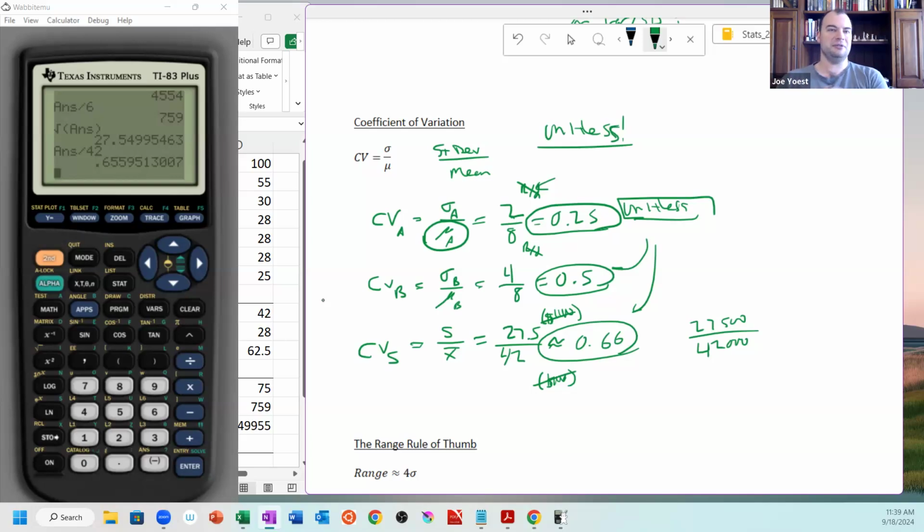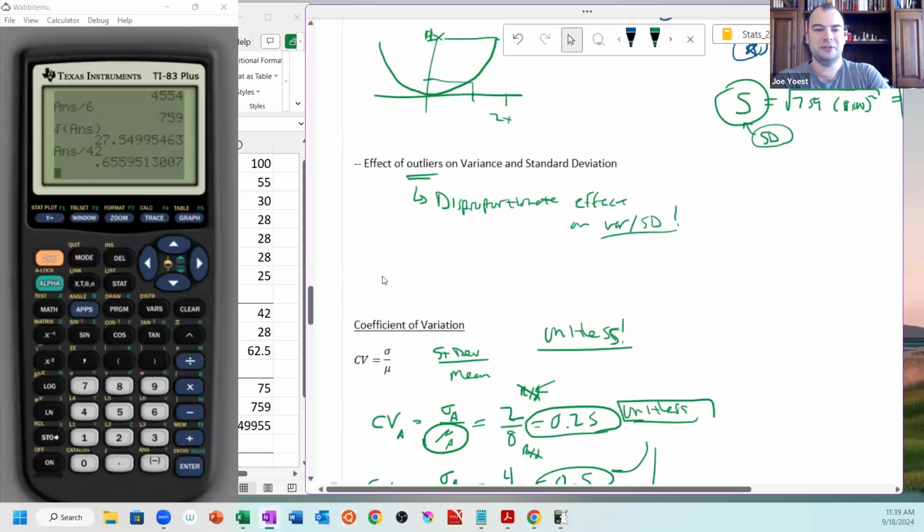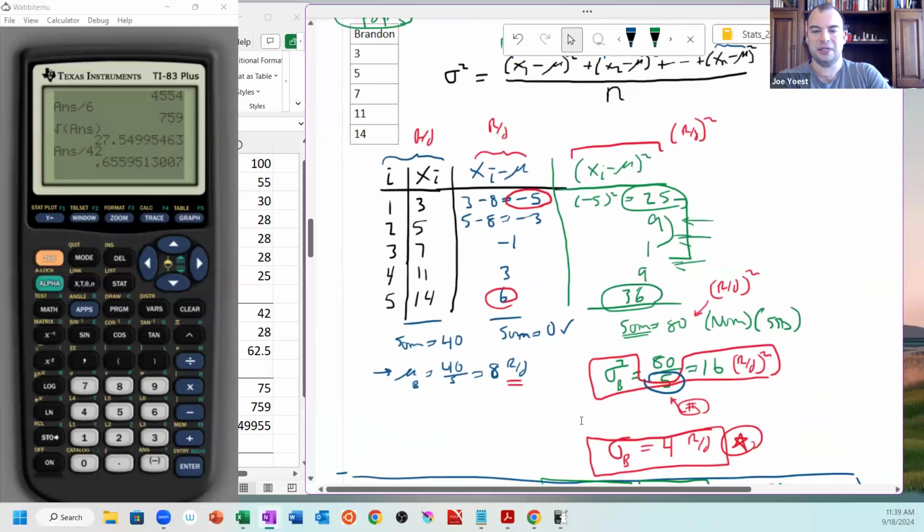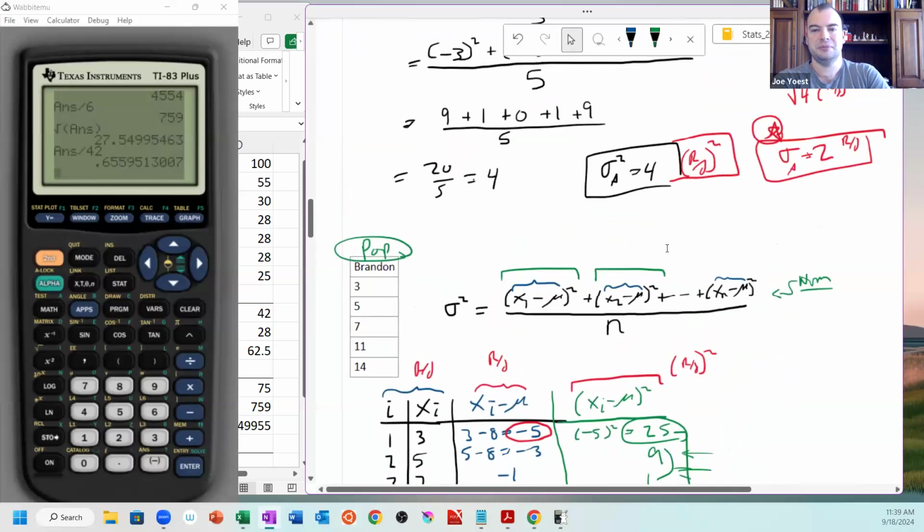The mean is going to be roughly in the center of the data. It's going to represent the size of a typical data point or the size of the data overall. And I've scaled out that size factor as well, that implicit unit of just size. So if I want to say, between the Ashley and Brandon data, which one's more variable, I can probably just look at standard deviation directly.